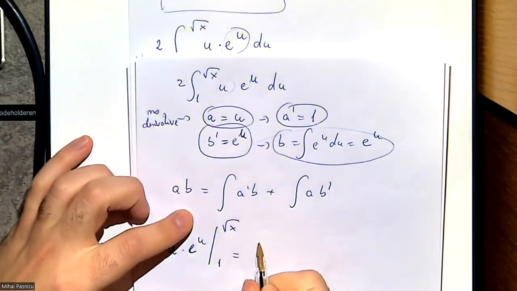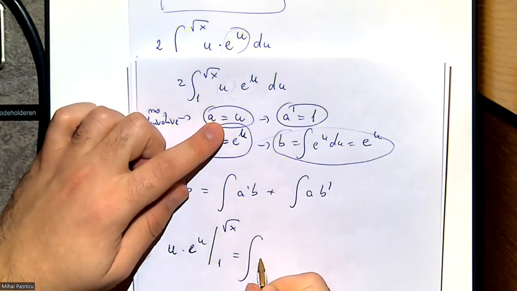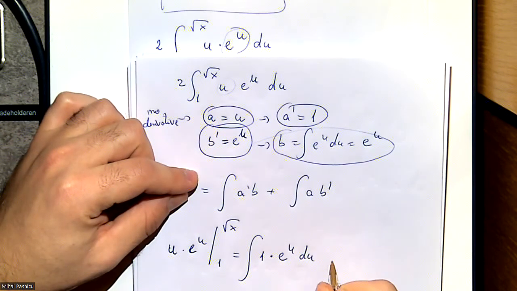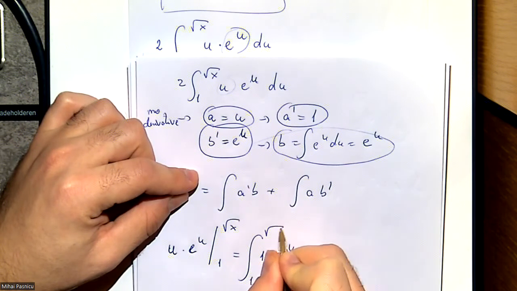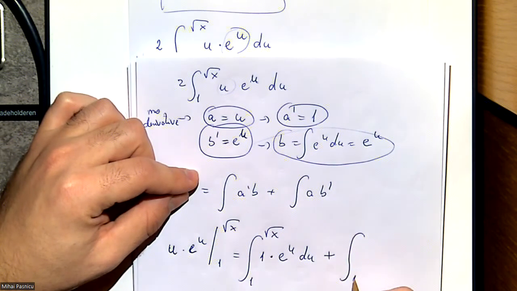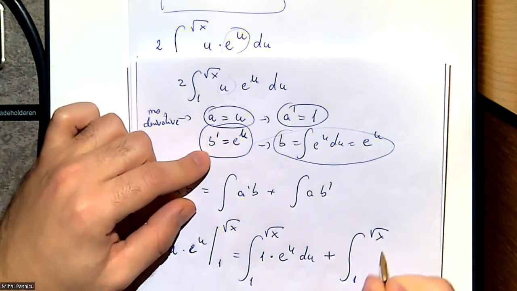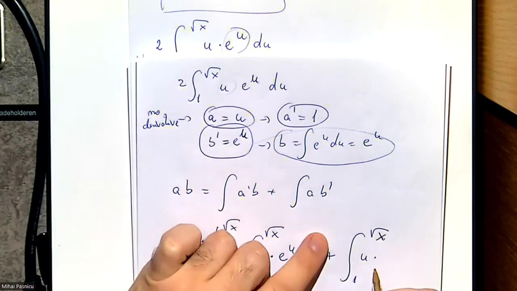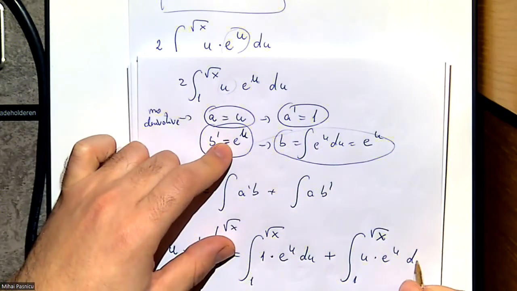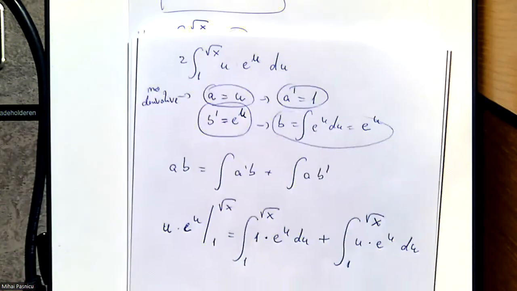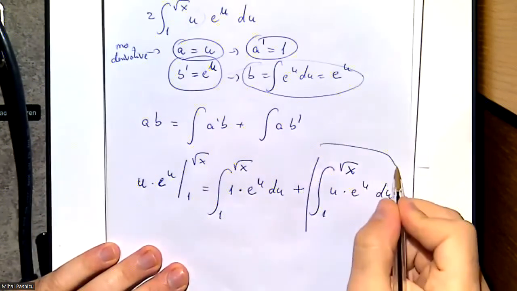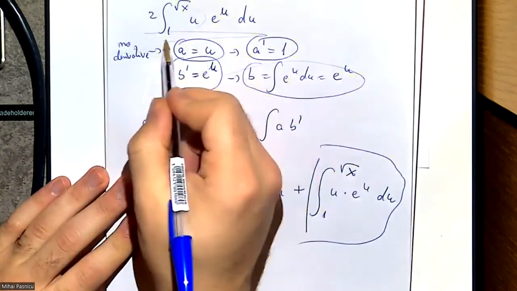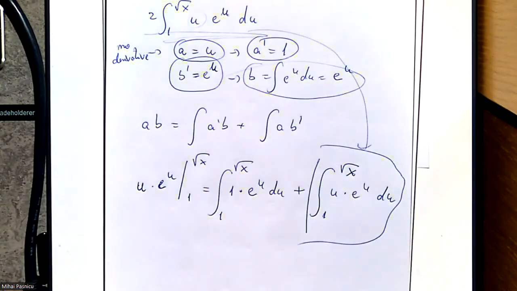So the integral is equal to the integral of A prime, 1, times B, e^u du, keeping the limits of integration, plus the integral from 1 to square root of x of A times B prime. Now, what do you notice? This is the integral where I started. It's the same one as here. So I applied it correctly.